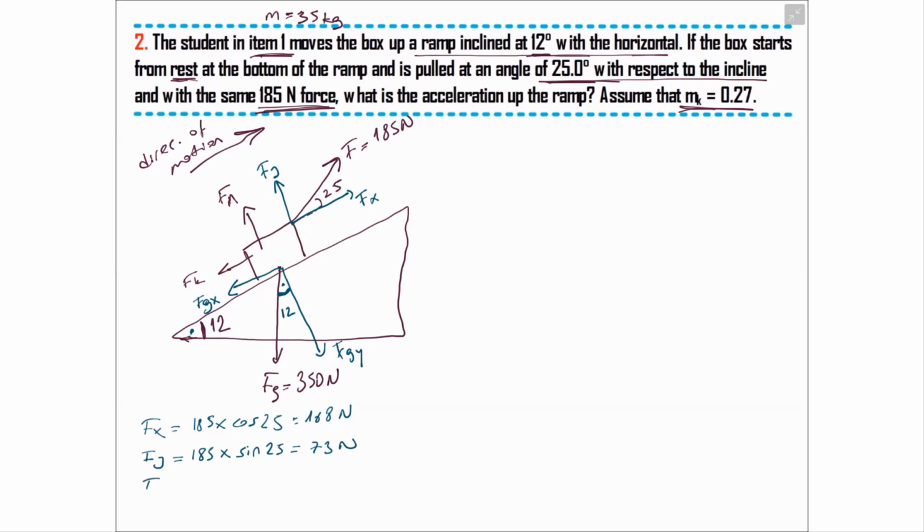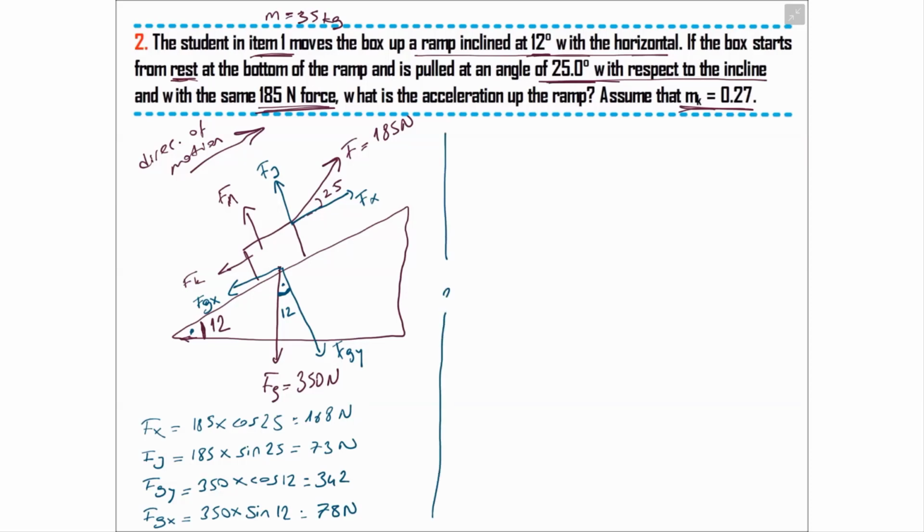So Fgy will be 350 times cosine 12, so it will be 342, and Fgx will be 350 times sine 12, so it will be 78 Newton.